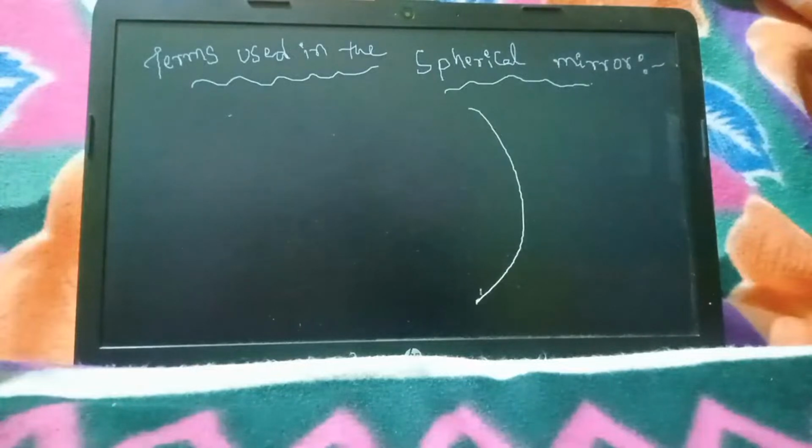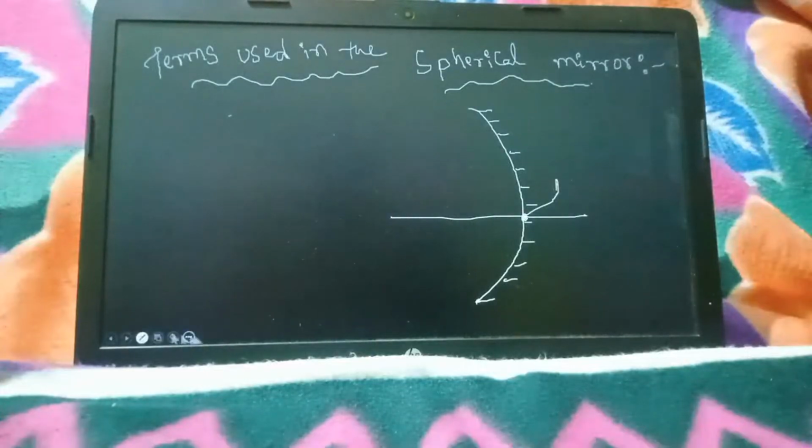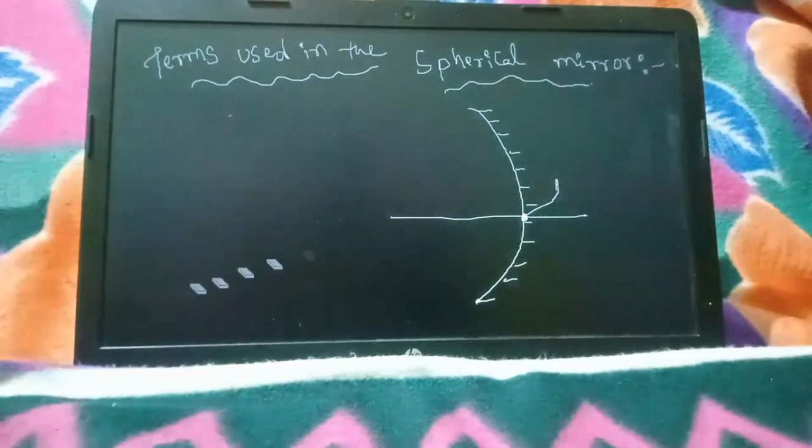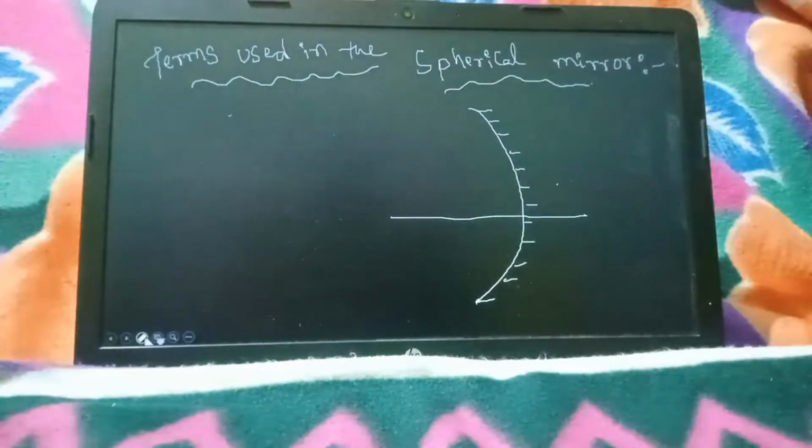I am considering the concave mirror like this. Then the midpoint of the mirror is called the pole. This is the midpoint, so that is called the pole.